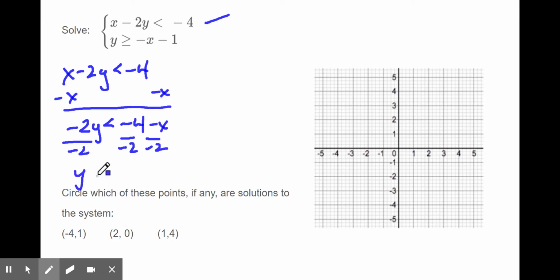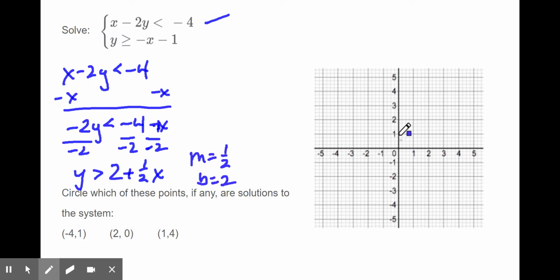And we get y is, now we divided everybody by the same negative, so the sign has to get switched, greater than 2 plus, there's really a 1 in front of this x, 1 over 2x, right? We have a negative divided by a negative, that's a positive, and then the 1 divided by 2 is 1/2.